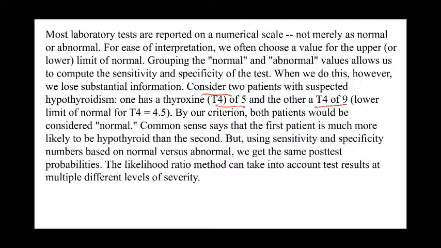Our cutoff is 4.5, so both patients would be normal according to us. However, maybe we'll think the first person is more likely to be hypothyroid than the second. But using sensitivity and specificity based on a cutoff of 4.5, we get the same post-test probabilities. Here we can use likelihood ratio.